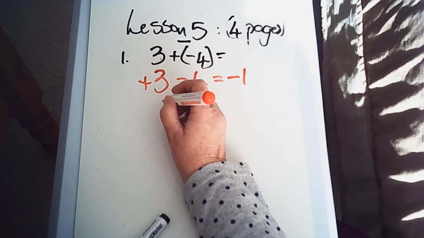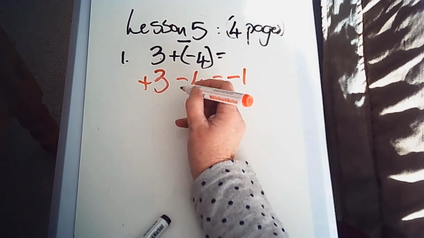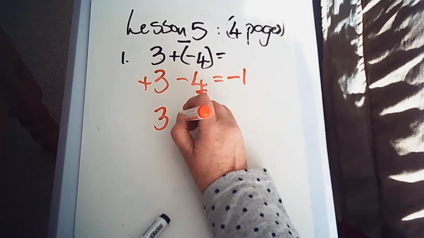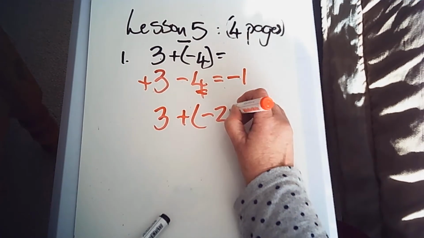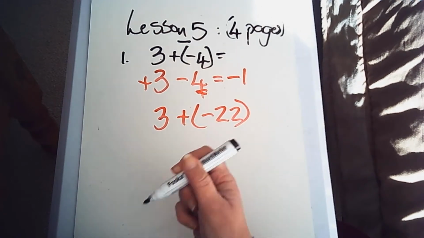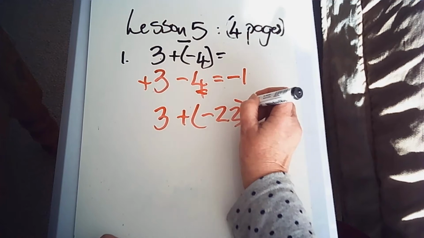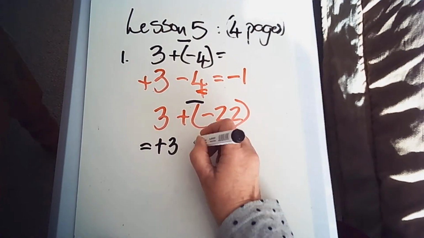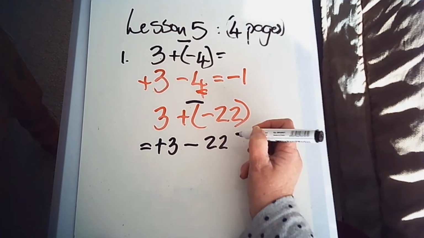Okay. In much the same way, guys, I say 3 plus minus 22. Okay, what do I know here? Plus minus, there's a bracket, negative. So my sum is actually positive 3, negative 22.